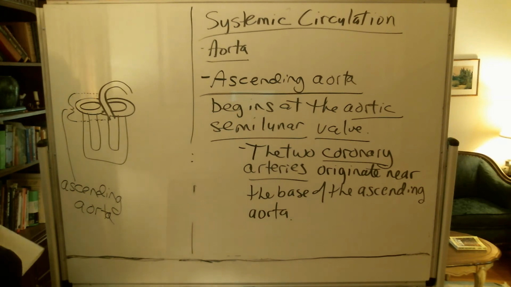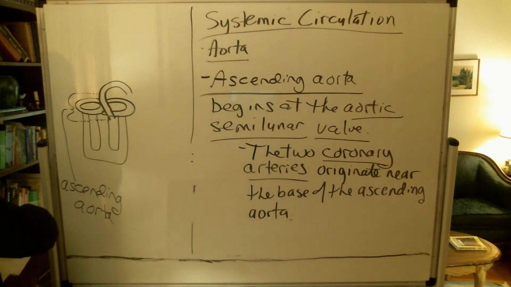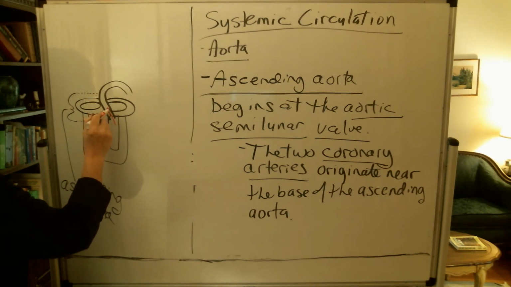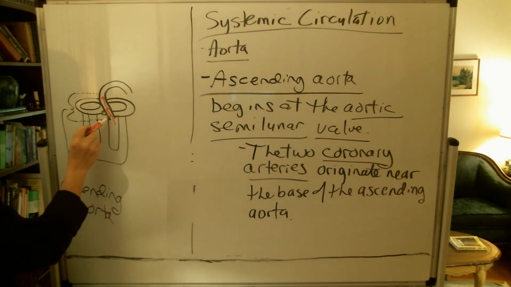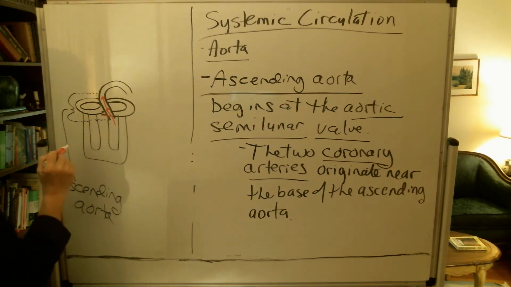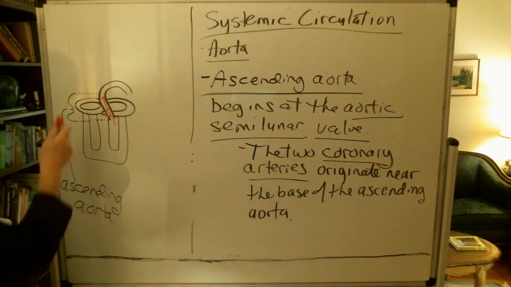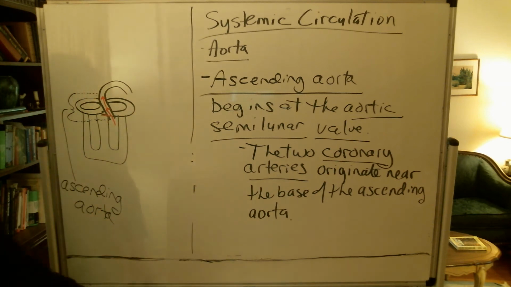And what you have just been told is that the blood coming out of the ventricle here goes through that one-way semilunar valve, and it goes up like this. But very shortly after the blood goes through that valve, you wind up having the two coronary arteries branching off. So that then is on the ascending portion of the aorta.